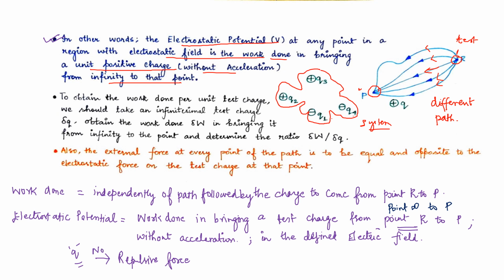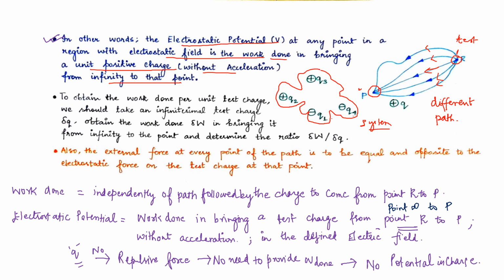So then what will happen? No need to provide any work done. So what will it give us? It will give us no potential at all. There will not be any potential stored in the charge if there is no electric field.